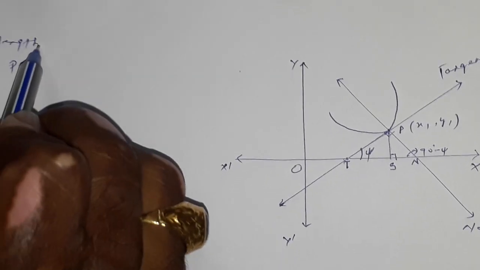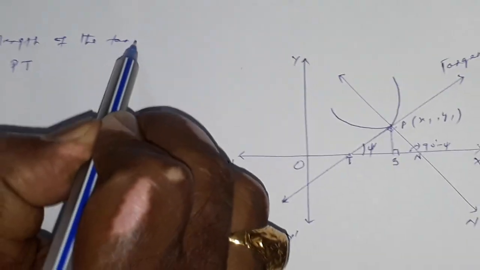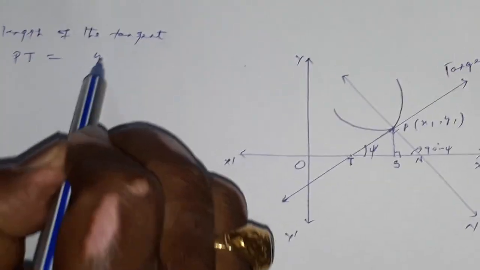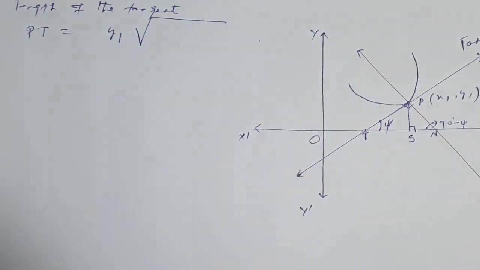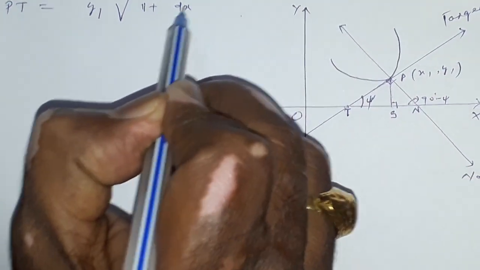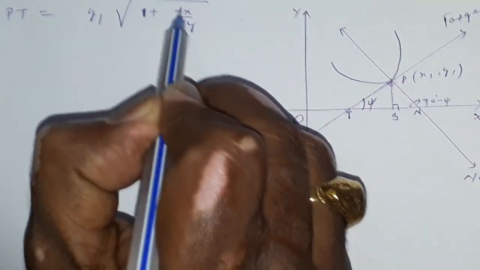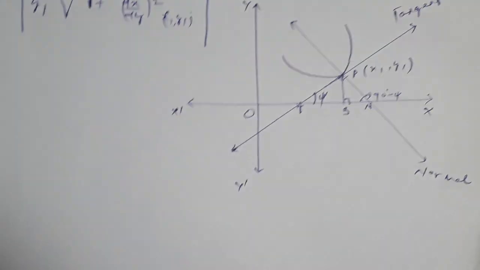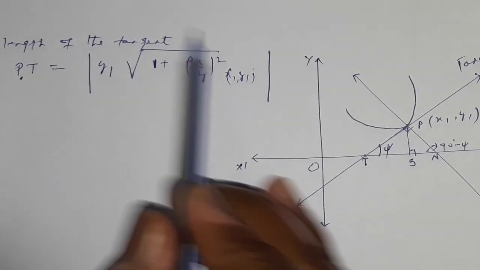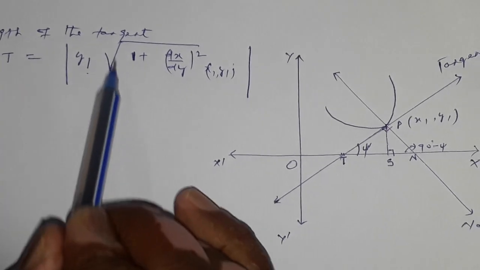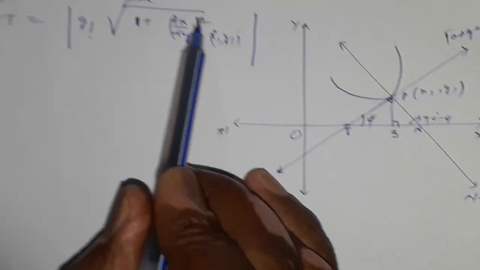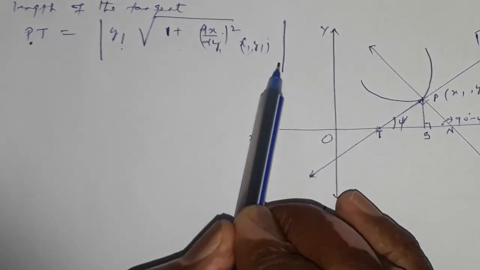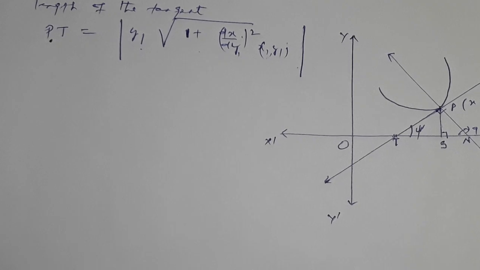Length of the tangent PT equals |y1 times the square root of 1 plus (dx/dy) whole squared at (x1, y1)|.